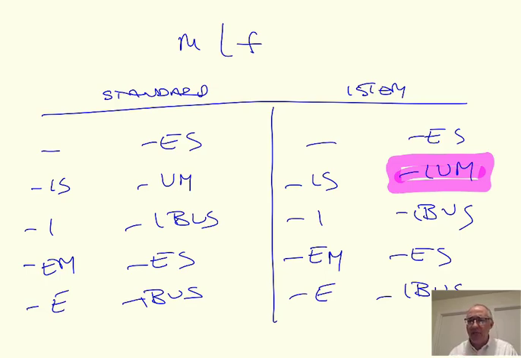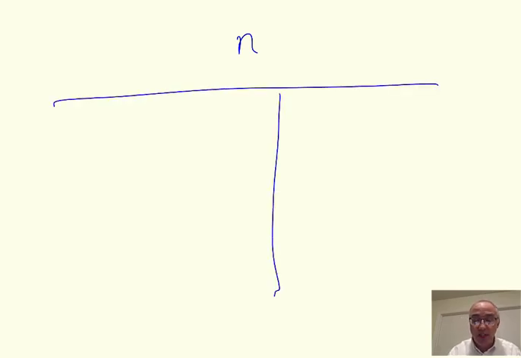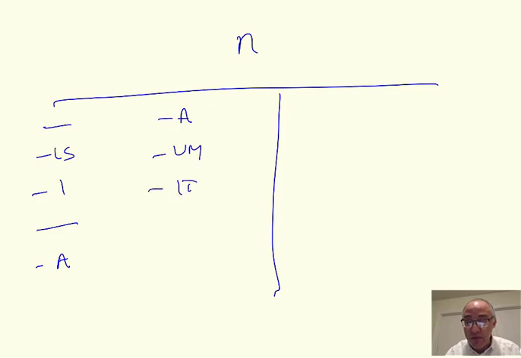Neuter's a little more complicated. We just said blank, is, i, e, blank, a. It's not really blank, but you know the nominative and the accusative are the same. When I say blank, I don't really mean the word is blank. I just mean that ending is the same, whatever it is. Ibus, ibus.